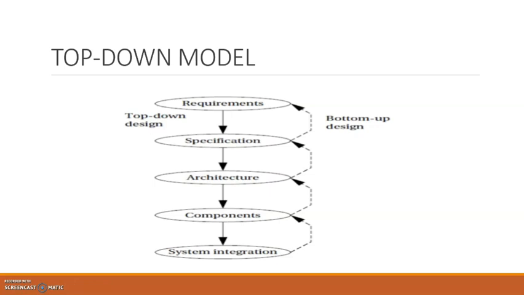That is, we are going to start from the very basic things, starting from the requirement or the need of the customer to the specification, then making of architecture, then finally forming of components and integrating. Either you can go for that approach, which is called the top-down design, or you can go for bottom-up. Bottom-up means we have the concept of our final product, and then we'll think which all components we require for forming such a final product.